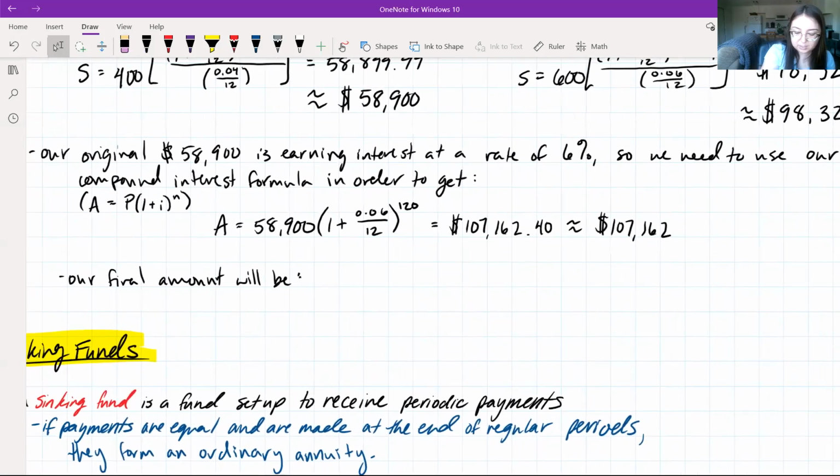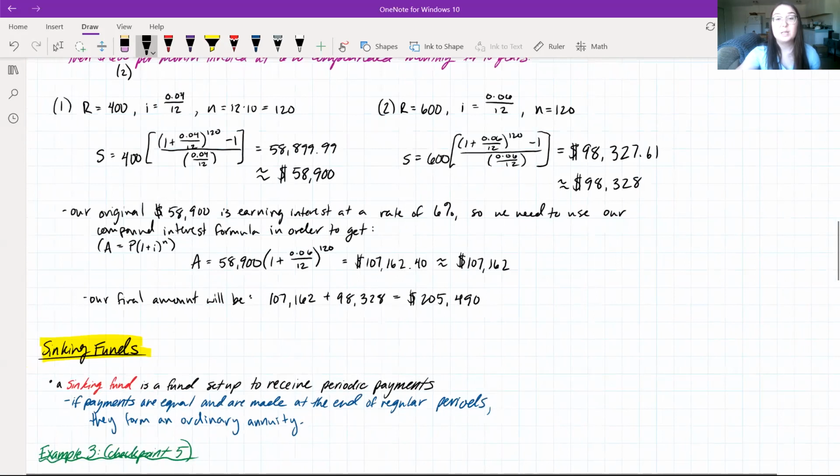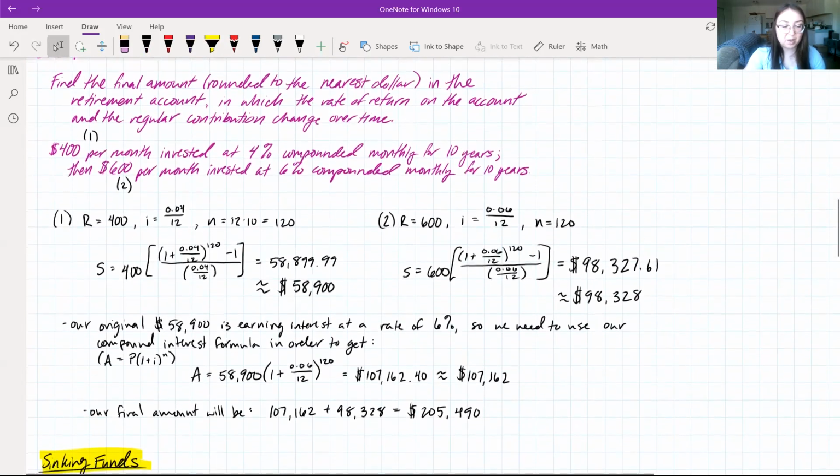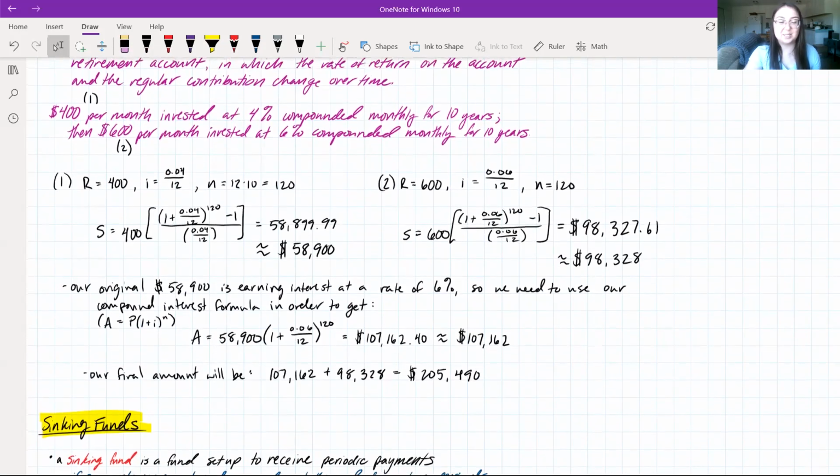So our final amount is going to be 107,162 plus 98,328, and this is going to be $205,490. So we know that this is going to be the final amount in their retirement account after investing these amounts of money at different interest rates for separate periods of time.